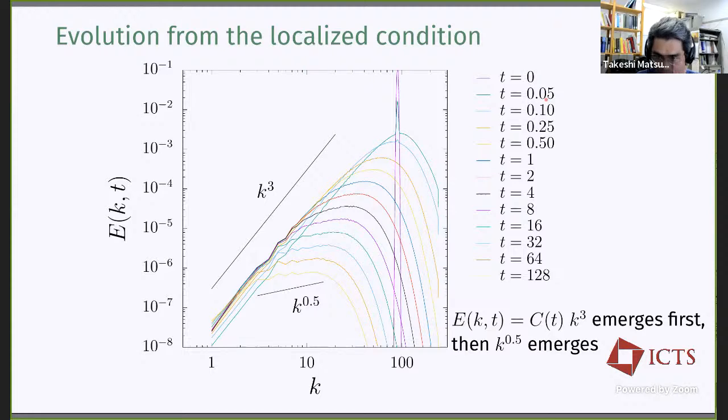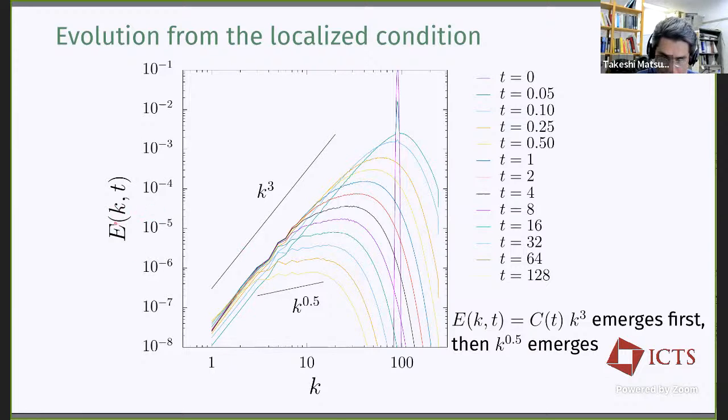For the second instance, shown in this figure, it is this one. Still some peak remains here, but for the higher wave number, we have some excitation. And the low wave number part, which is the most interesting thing in this talk, is this one. Basically, in this kind of initial condition, the low wave number part soon develops.